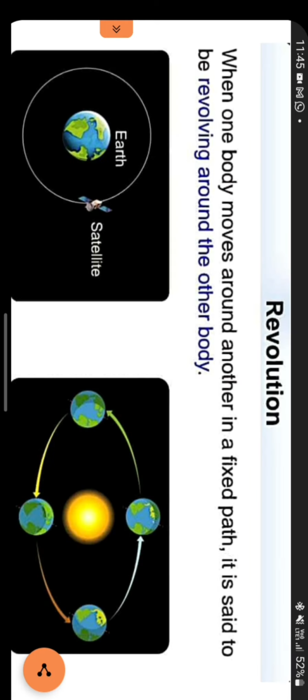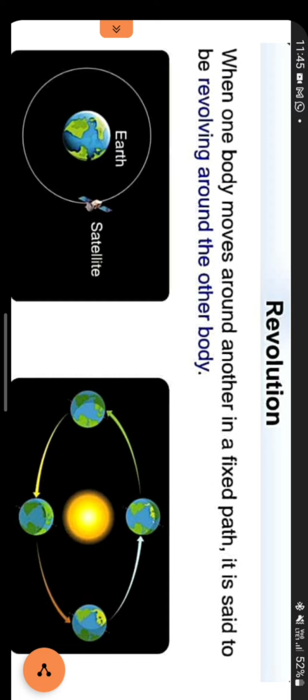Now we will read what revolution is. When one body moves around another in a fixed path, a good example is the earth around the sun. In the picture on the right-hand side, you can see the sun in the middle. The planets orbit the sun, so the earth is moving around the sun, showing a circular movement.